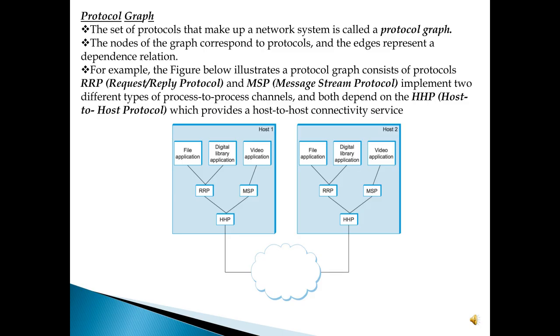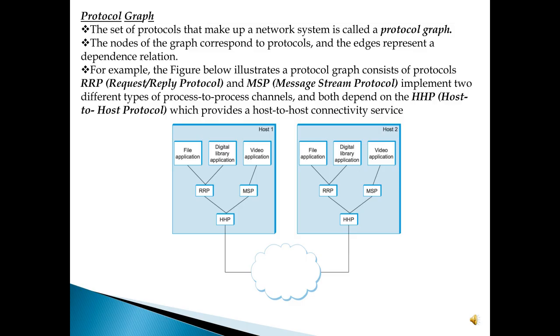From that HHP, that is host to host protocol, the data travels and reaches the specified network, and then it moves out and is forwarded to the host through a similar process. It reaches HHP, and then HHP redistributes that message into two, one to RRP and another to MSP.